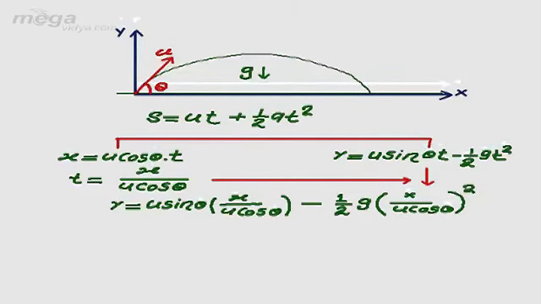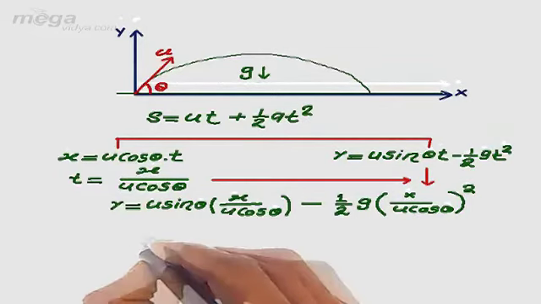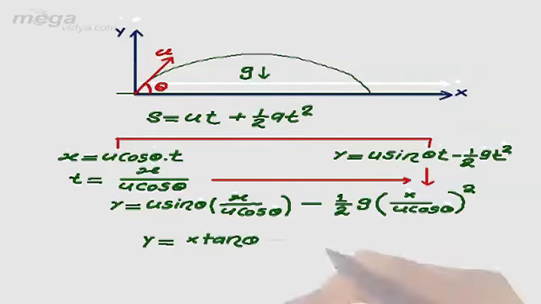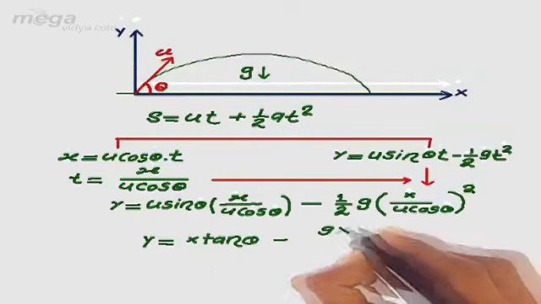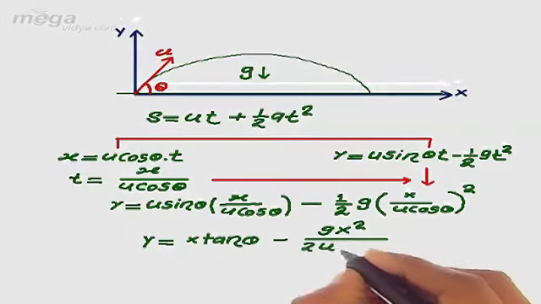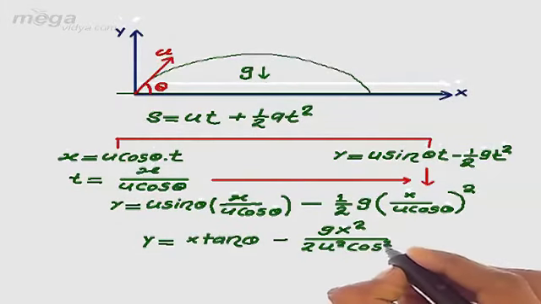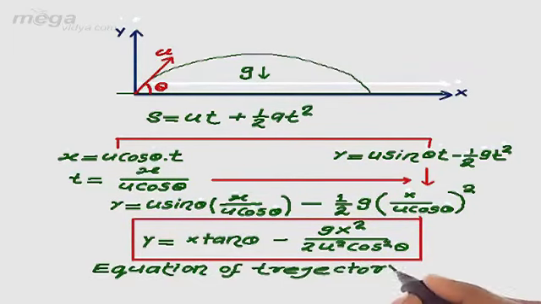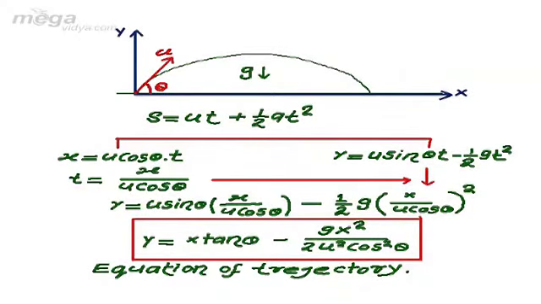After rearranging, this becomes y equal to x tan theta minus gx square divided by 2u square cos square theta. So this equation is the equation of trajectory for the projectile, and it is called the equation of trajectory of the projectile.